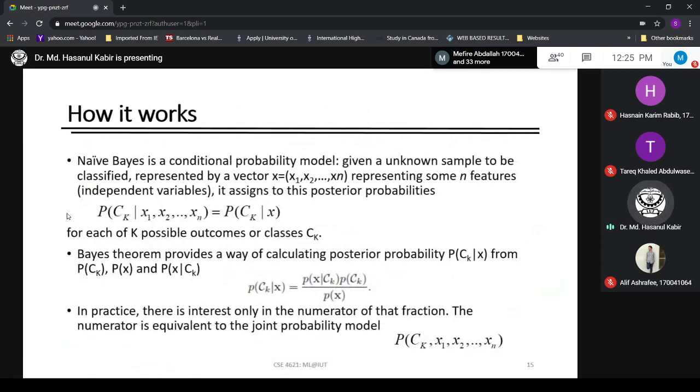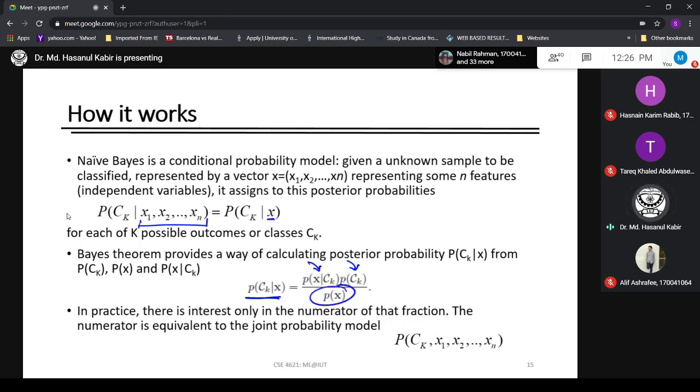So now, how does it work? I already talked about this. We compute the posterior probability, that means the probability of the class given x. Here x is the feature vector, so if I extend it, we have all these feature elements. From the Bayes theorem, we split this posterior probability into likelihood times prior divided by the evidence, right?